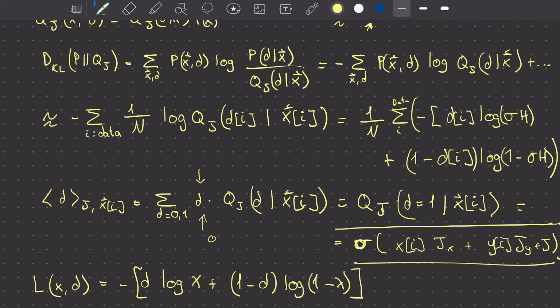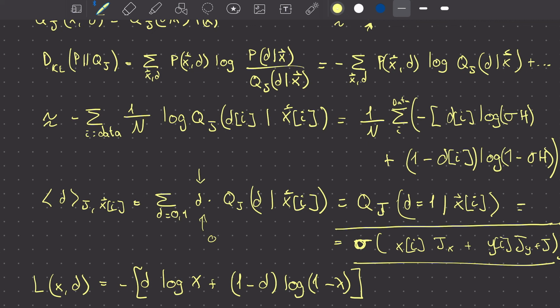And how do we minimize this? Again, we minimize this by adjusting the parameters jx, jy, and j using the stochastic gradient descent, and we would do this for each item in the dataset.